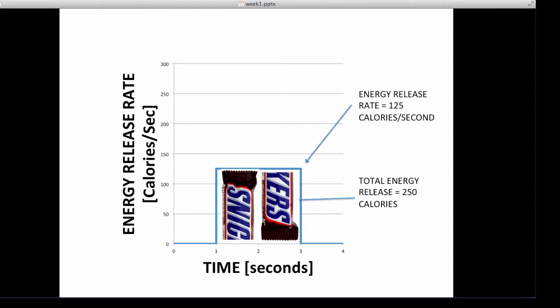But because we're doing it over a long period of time, 2 seconds, now we've cut our energy release rate from 250 calories in 1 second to a level of 125 calories per second over 2 seconds. So we've slowed down the rate at which we're releasing the energy from this Snickers bar. But all the components of the graph are still the same as they were before.